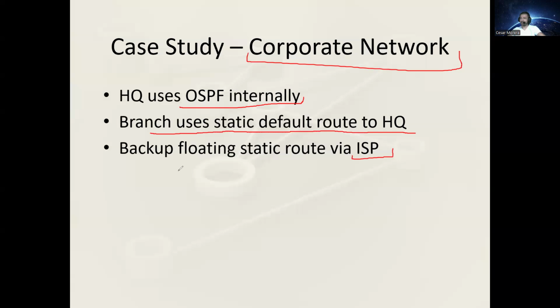So this is just a case study of real life and another example of the way routing protocols are configured in a network. And also there is a static default route configured to get to headquarters. Let's clear the drawings. Let's move on.